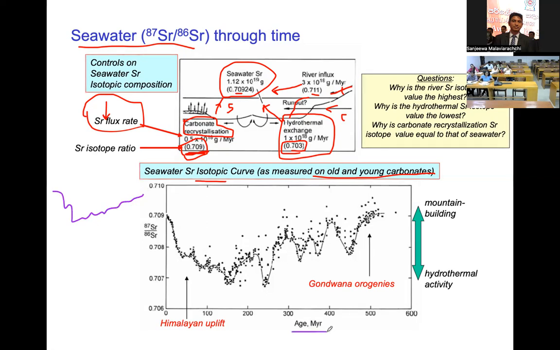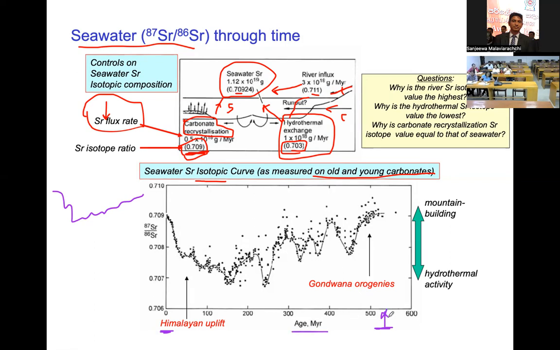So you have the time here. This is present day, and this is 500 somewhere. So this is very close to our metamorphism time, right? 550, right? So what has happened during these times?